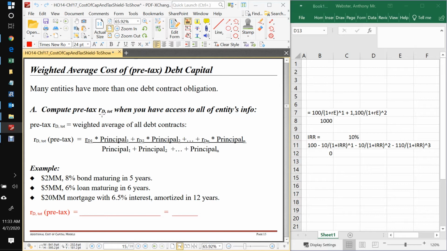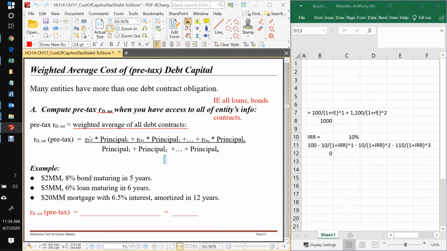So we want to be able to compute their total weighted average cost of debt capital when that's true, and when we do have access to all of the entity's info, i.e. all loans, bonds, and the contracts for these, so we know all the details. Then we can get their pre-tax total cost of debt, it's just going to be equal to the weighted average for all their debt contracts.